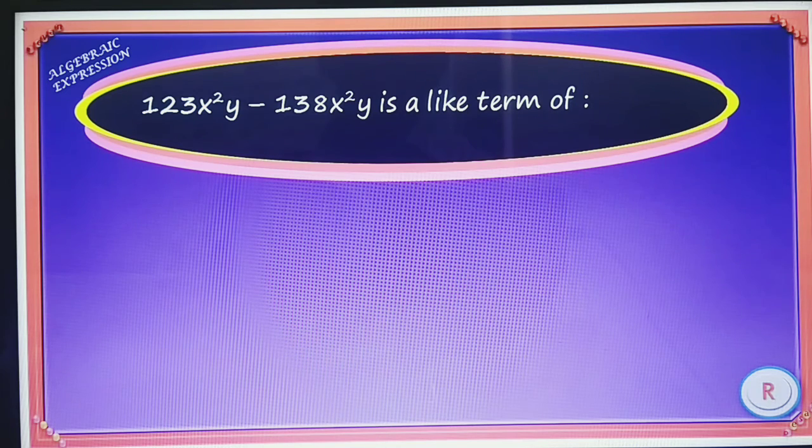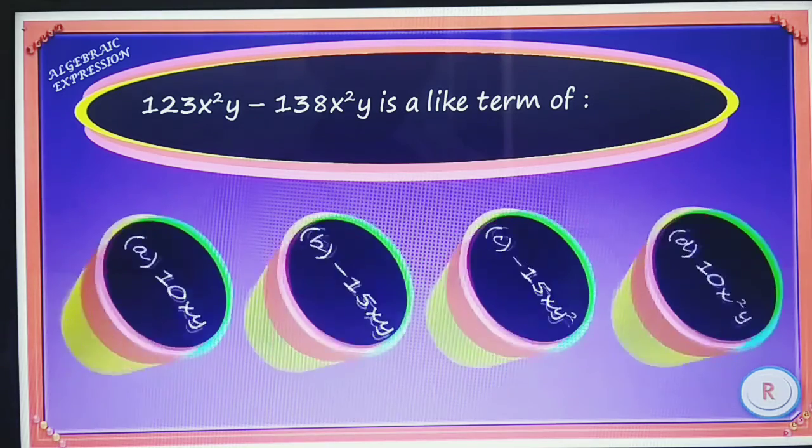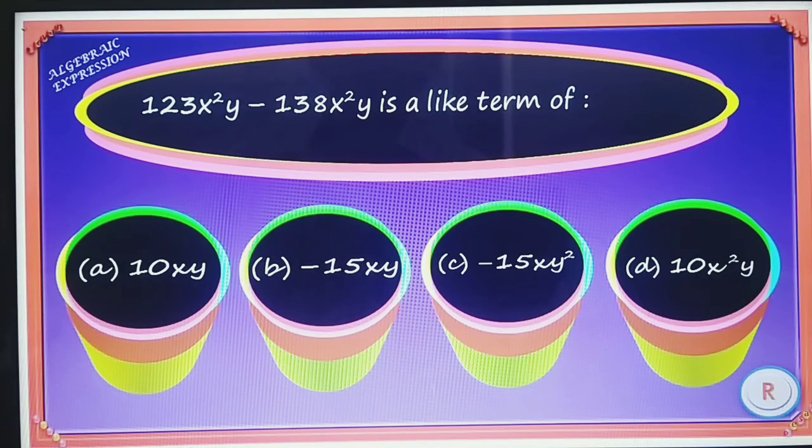123x square y minus 138x square y is a like term of. First simplify and keep it ready. Your options are: 10xy, minus 15xy, minus 15xy square, 10x square y.